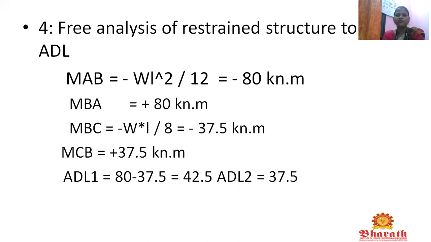ADL is the difference between the two moments. So for ADL 1, what is the value we got for MBA? We are considering joint B. At joint B, what is the moment we got? Plus 80. Then MBC.